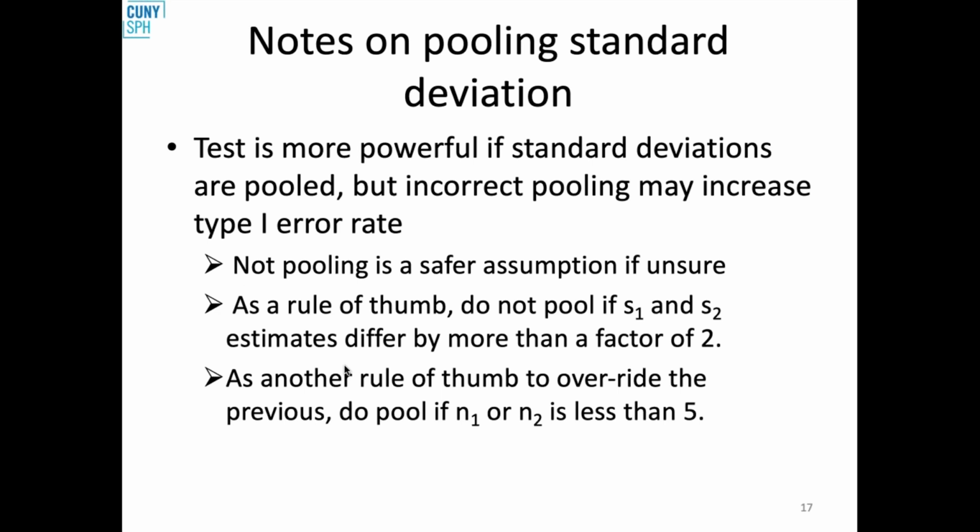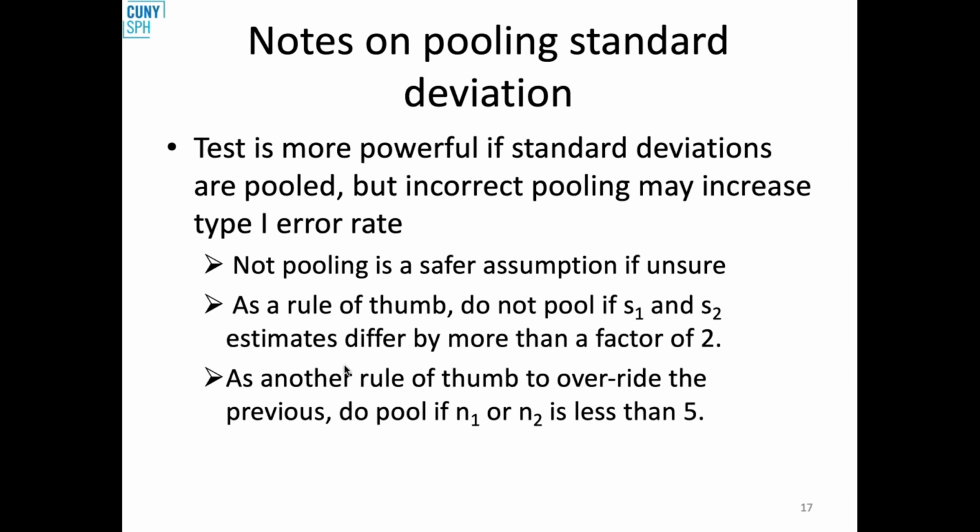The logic behind being able to pool the two of them is you first have to make the assumption that, even though the two groups might have different means, there's no reason for them to have different variability. In other words, even though men weigh 200 pounds and women weigh 150 pounds on average, there's no reason to believe that the variability in their weights, the differences within the groups, is different for women than for men.